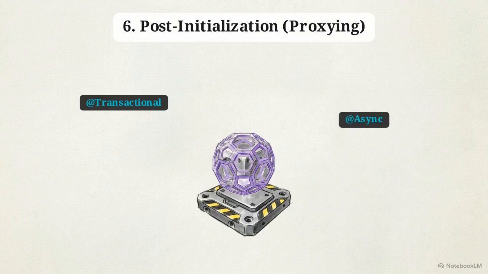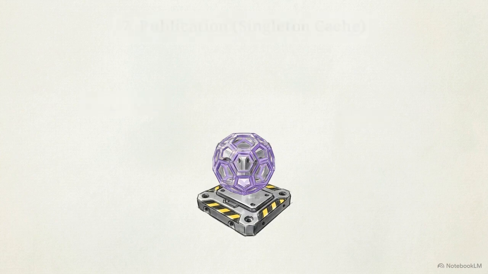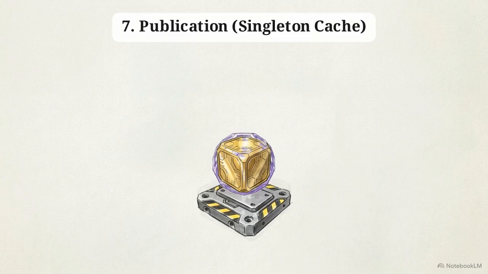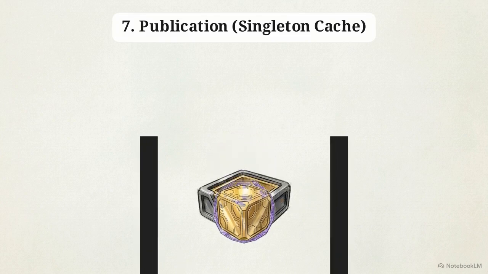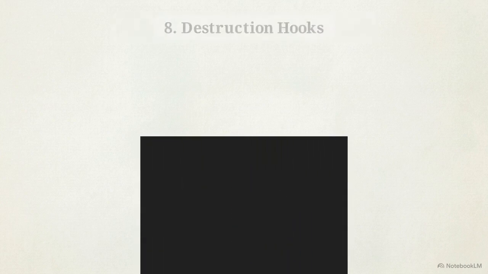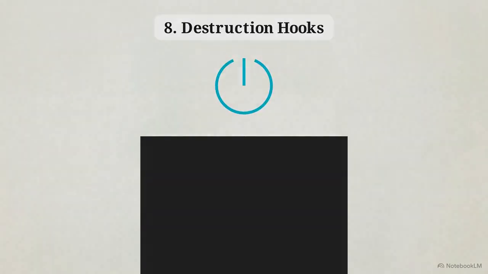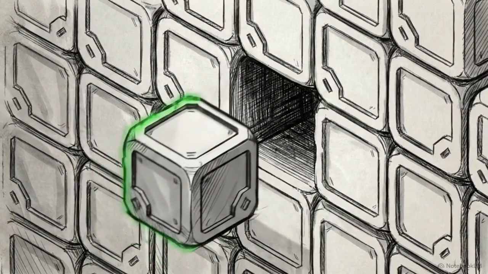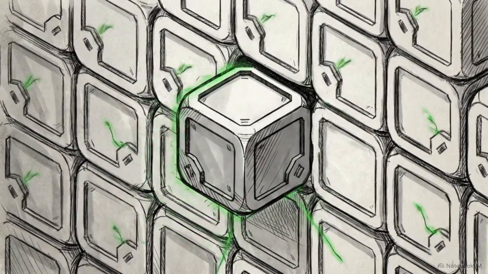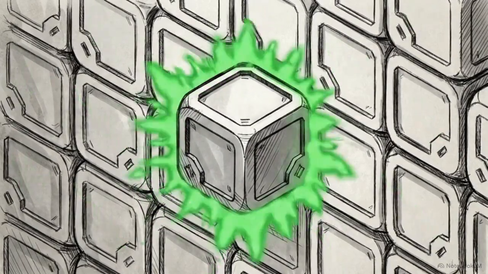This proxy, either a CGLIB subclass or a JDK dynamic proxy, is the mechanism that enables cross-cutting features like @Transactional or @Async. Step 7 publishes the completed bean to the concurrent cache registry. The bean remains here until Step 8, the destruction hooks lifecycle, which triggers during a graceful application shutdown. This sequence ensures that every Spring bean is not just a standard Java object, but a fully prepared unit of infrastructure.